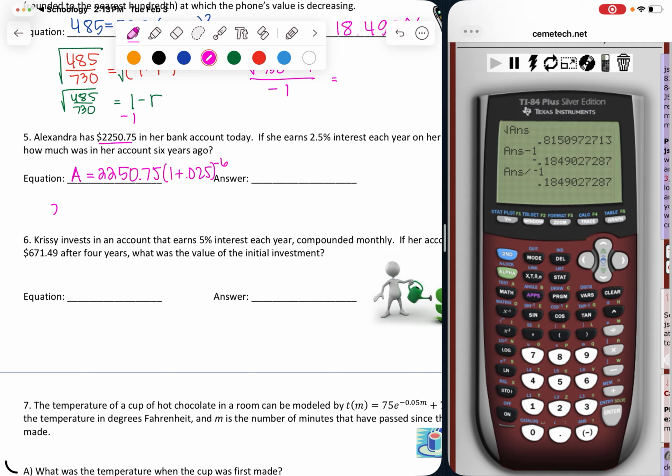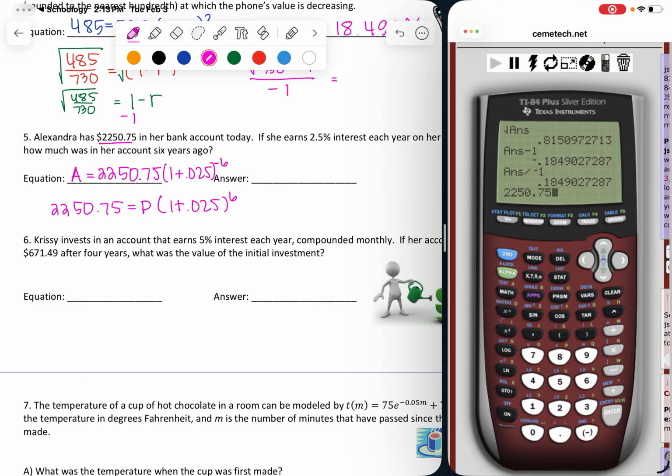Or you can do 2250.75 is equal to, and you're looking for how much money she had, so that's P times 1 plus 0.025, and then I want to know how much money she made in 6 years, right? Both of these will give you the same answer, and I'll show you that in my calculator, I hope.